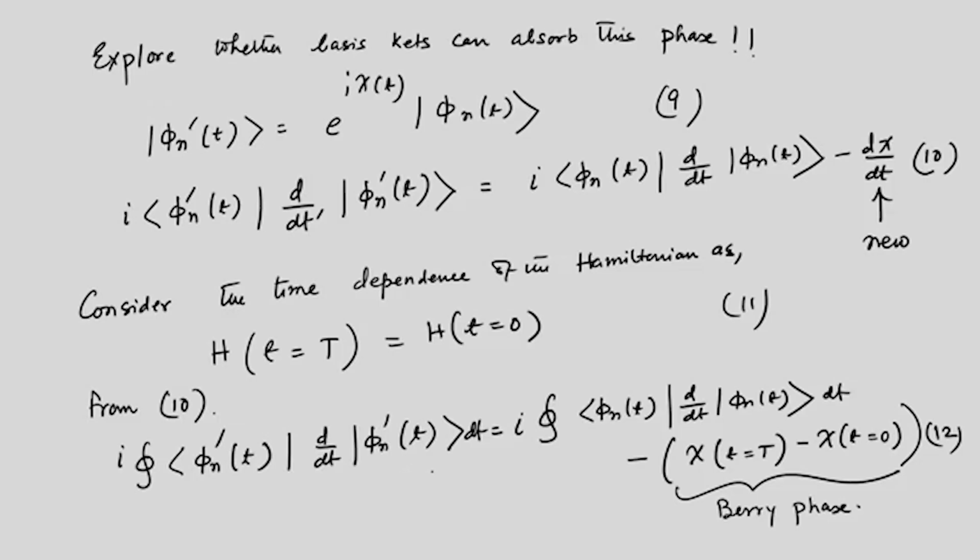We'll stop here and carry on in the next lecture. This is just to give you an idea of the Berry phase, that a slowly varying time dependent Hamiltonian gives rise to observable consequences.